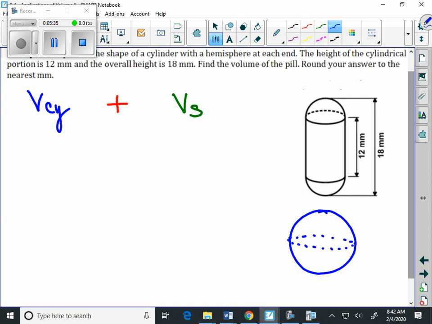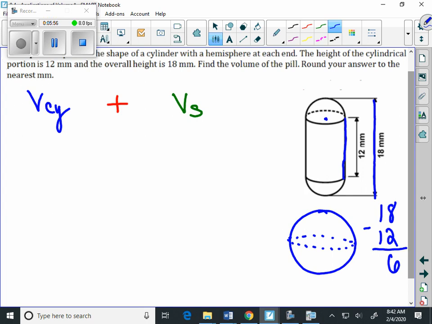This portion is 12, and overall this portion is 18. That means if we take 18 minus 12, we get 6.